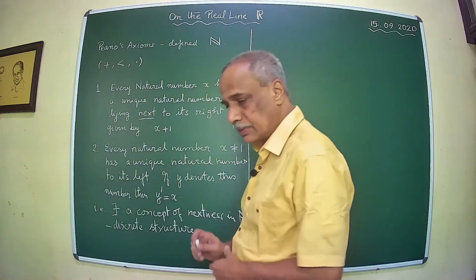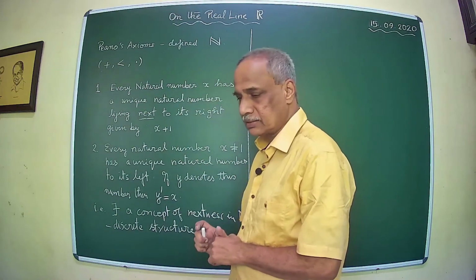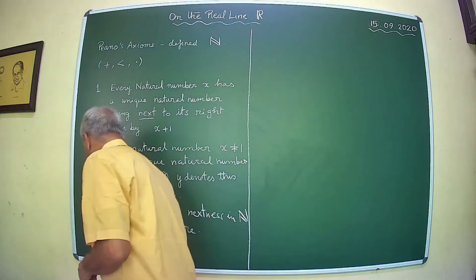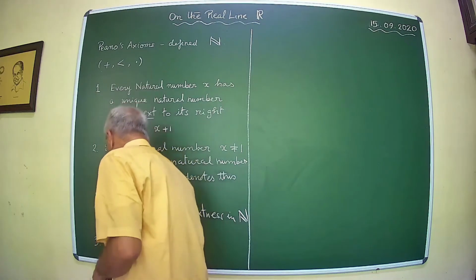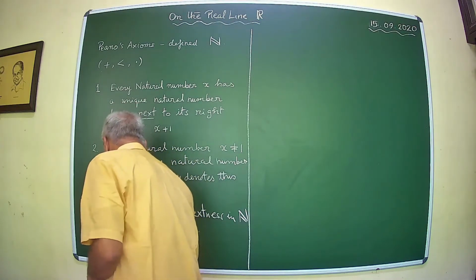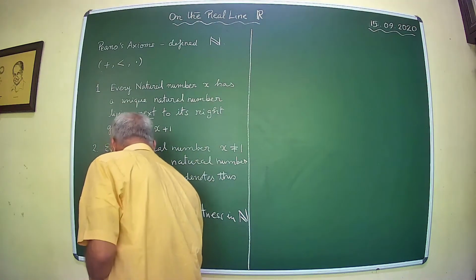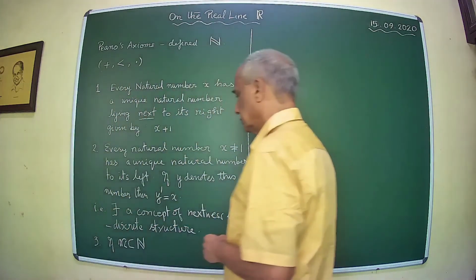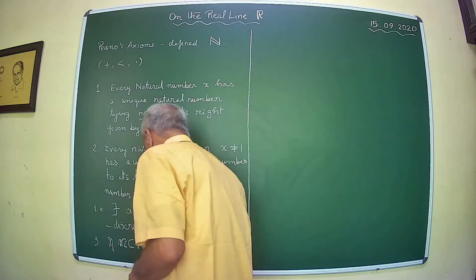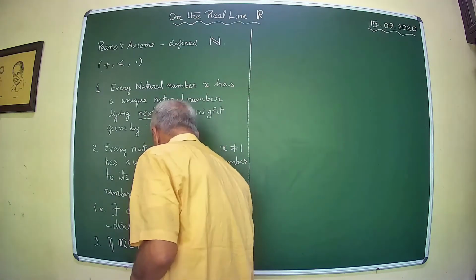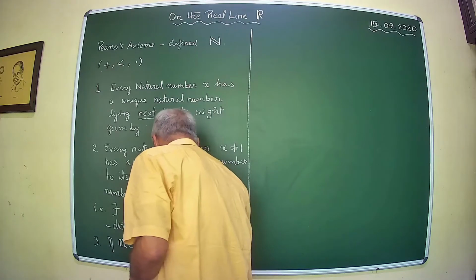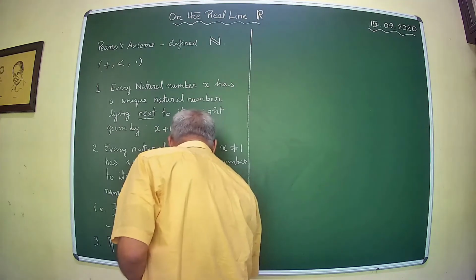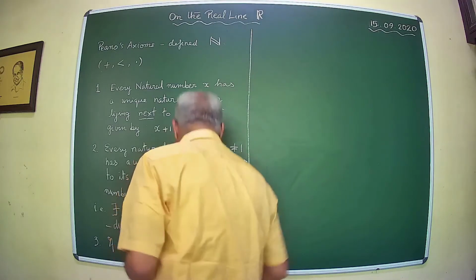Now the third property is that if M is a subset of N, then there exists a smallest element in it.